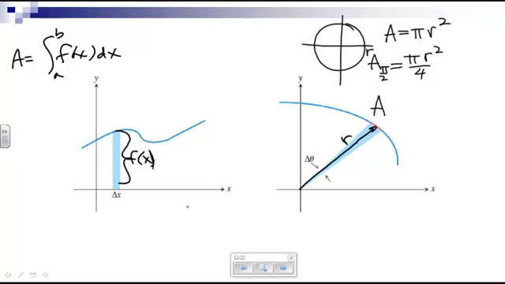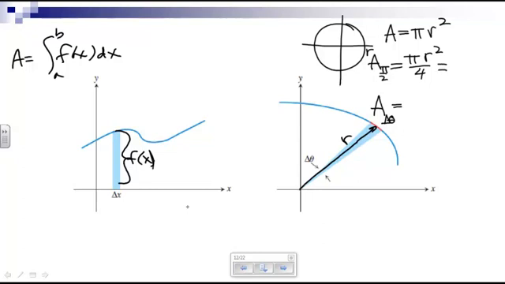What's the area for some slice that's exactly delta theta big? Mateus, you said it so quickly. I want to write it down now.